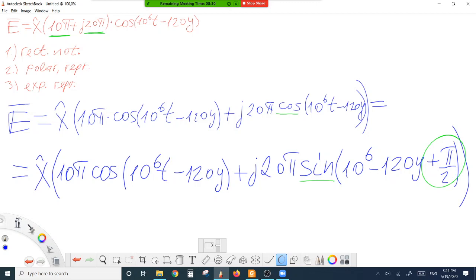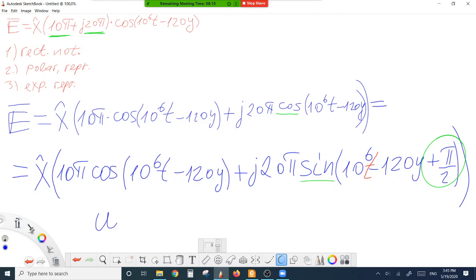Well, if we compare with our previous equations, I forgot t here.